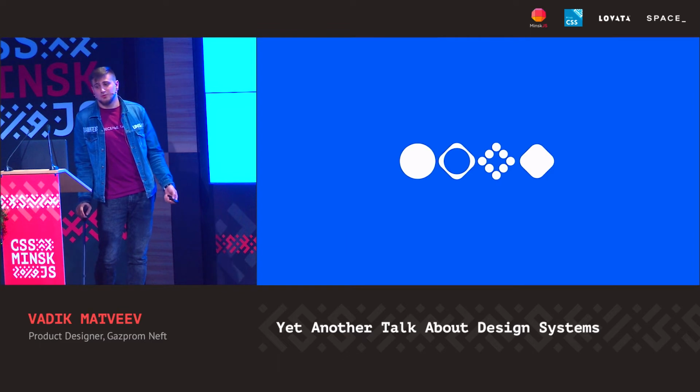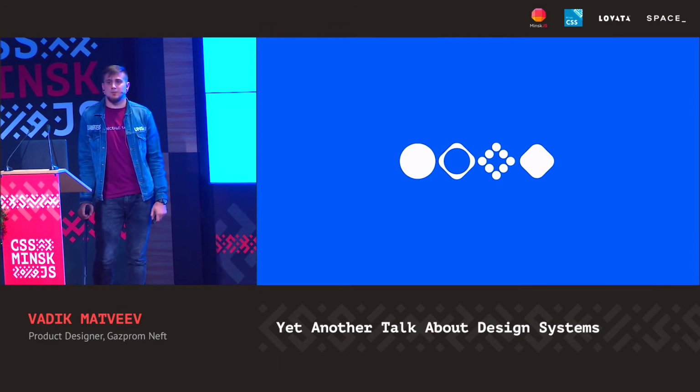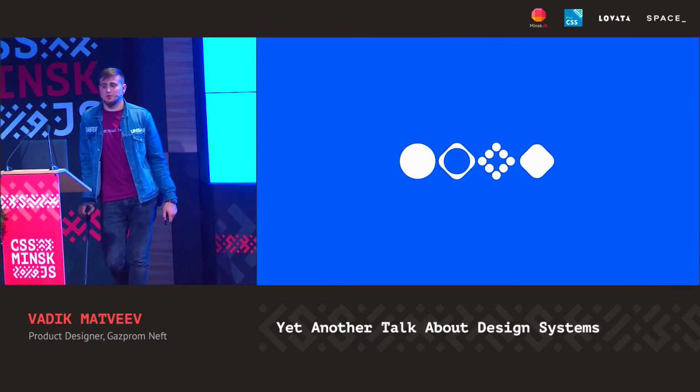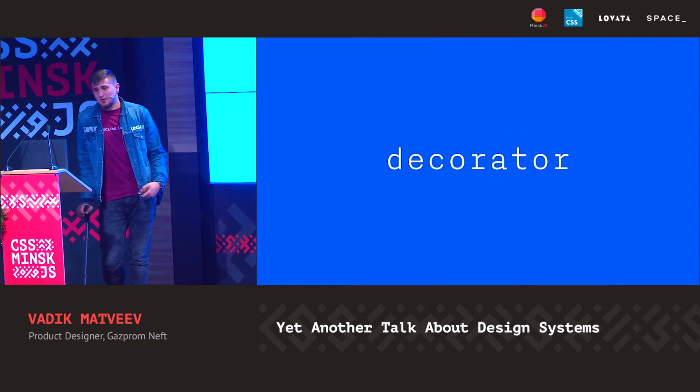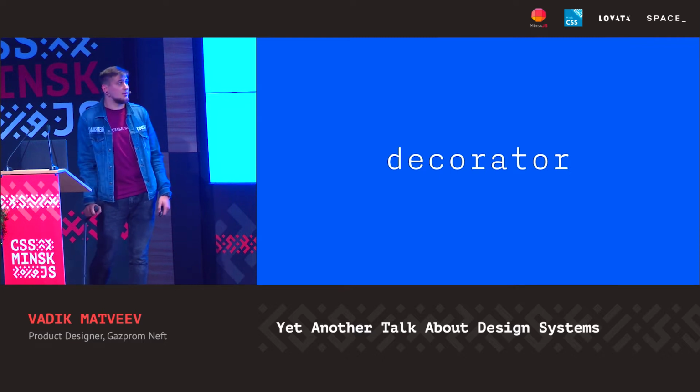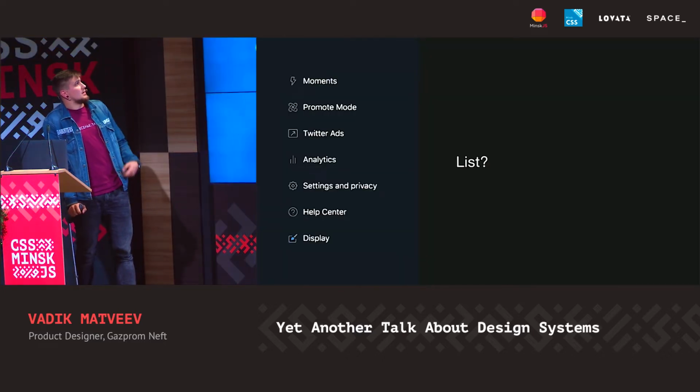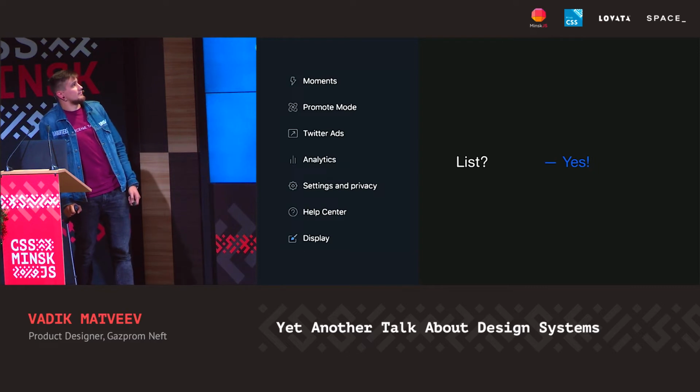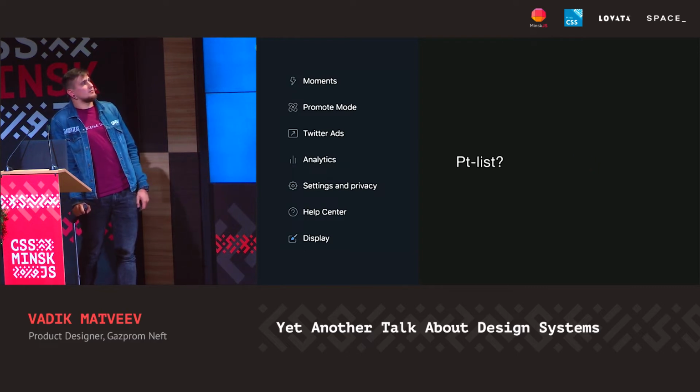There were 4 layers, but whitepaper has one more cross-layer block. Welcome, decorator. What for? For extra setting of relations between blocks. Let's take a look. Is it a list? Yes. Is it a pattern list?